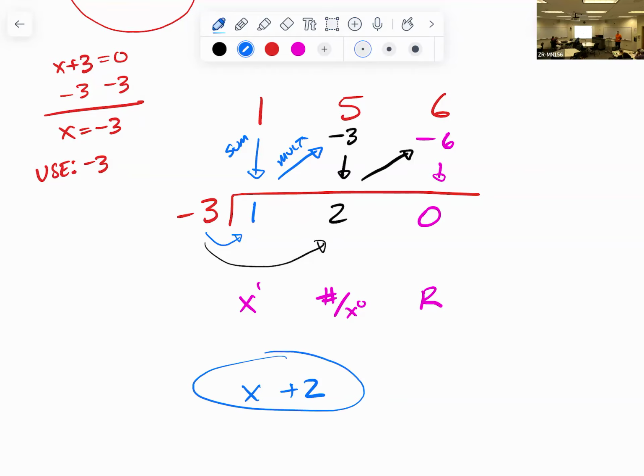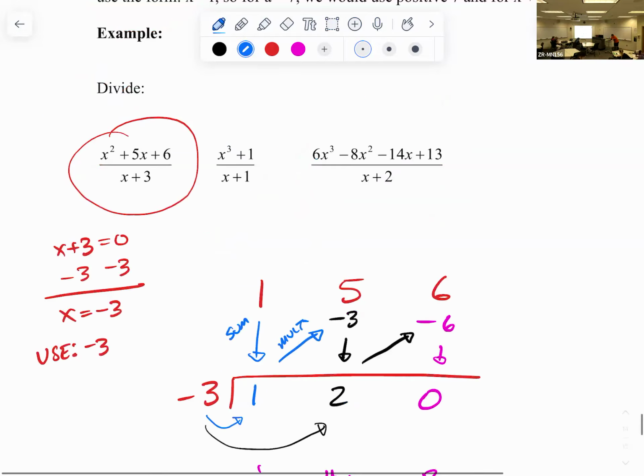That is the answer. The whole point is that you drop all the x's, do the quick math, and then get the answer at the end. Let's do some more to practice.